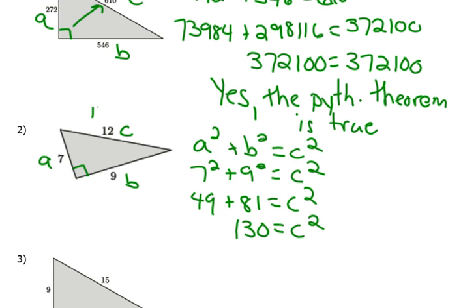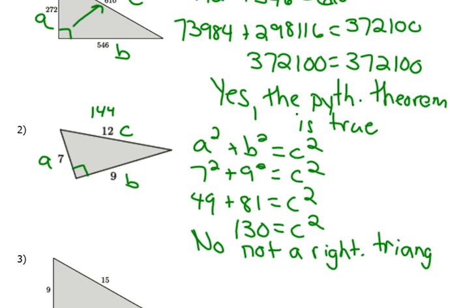Well, 12 squared we know is 144. So because we did not get the same thing here, this is not a right triangle.